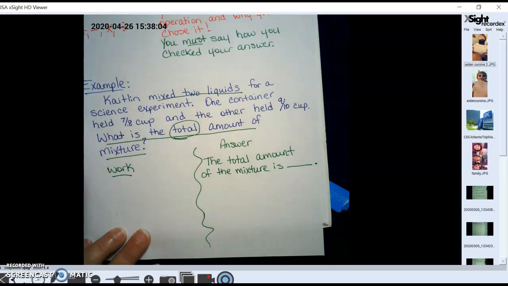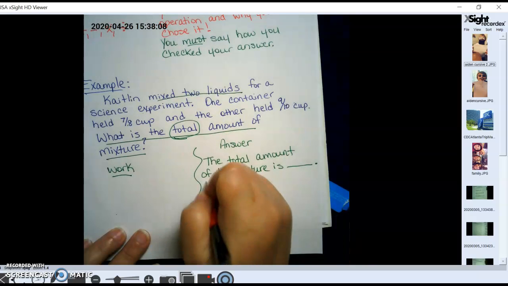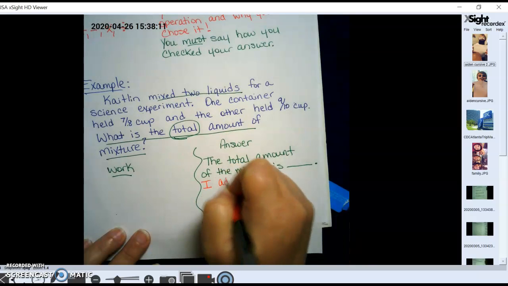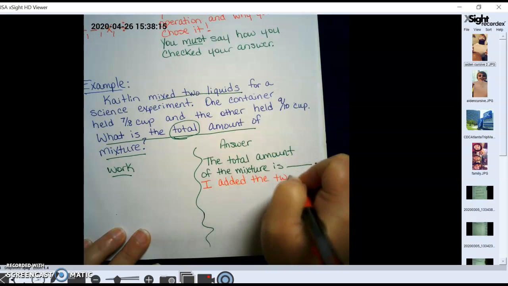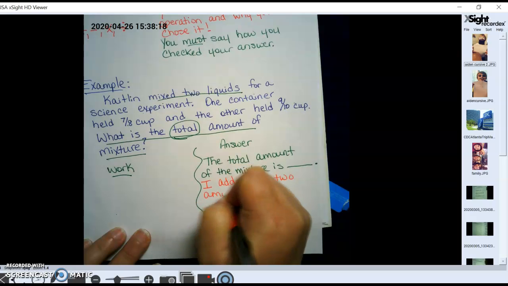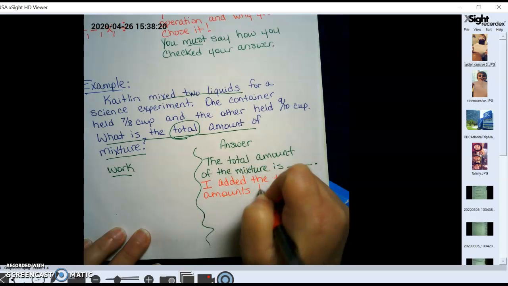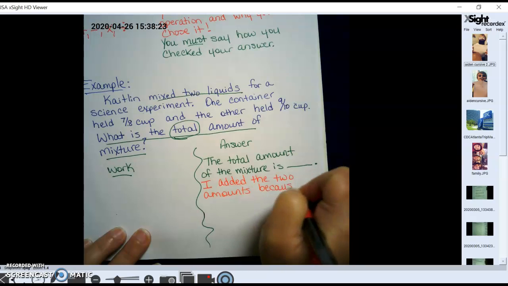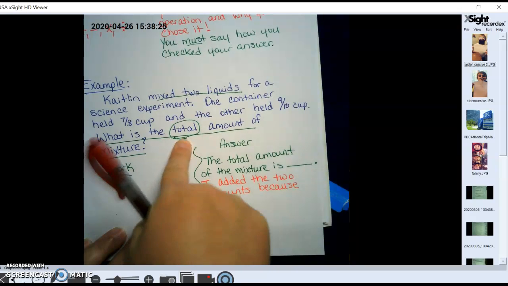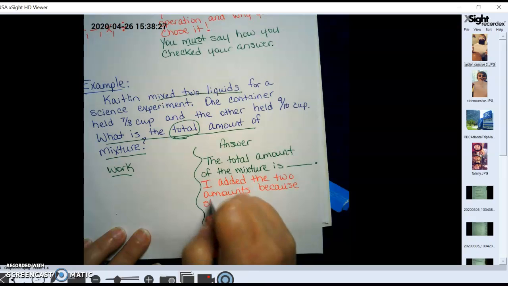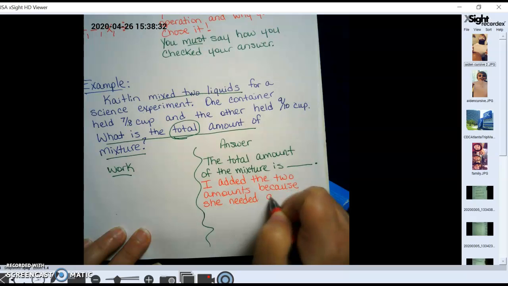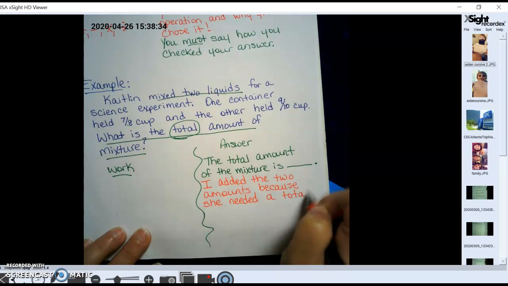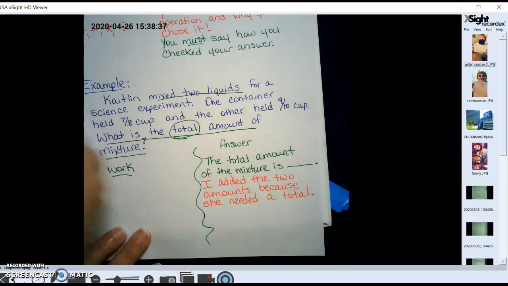I can go ahead and put that in to my answer, and I can say I added the 2 amounts because she was looking for a total. She needed a total.